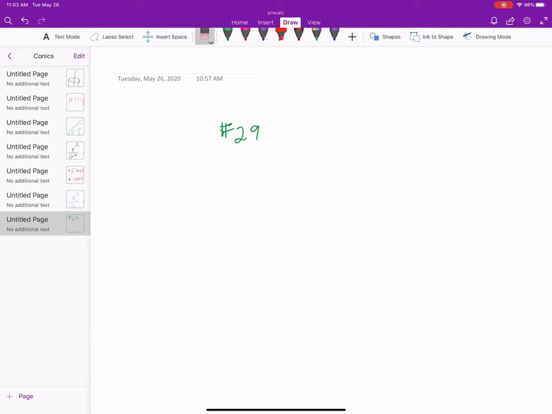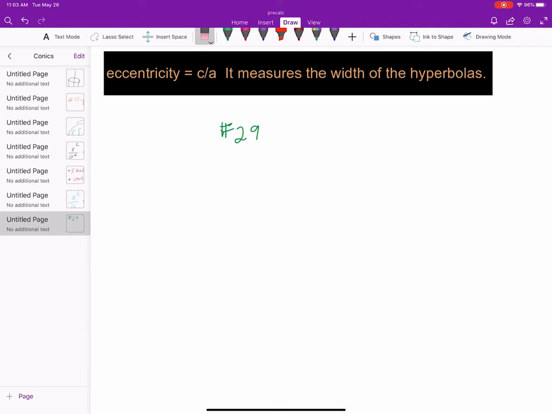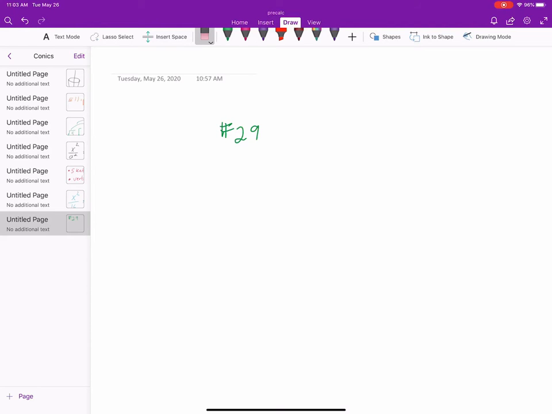E is that eccentricity, right? And so the eccentricity, just like it was with an ellipse, there's an eccentricity for a hyperbola also, right? And it's still that same C over A idea. All right, so we're just going to go ahead and do the same thing and take a look at that.